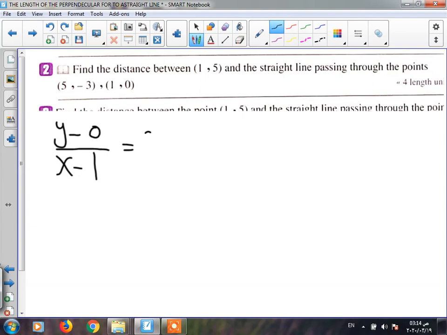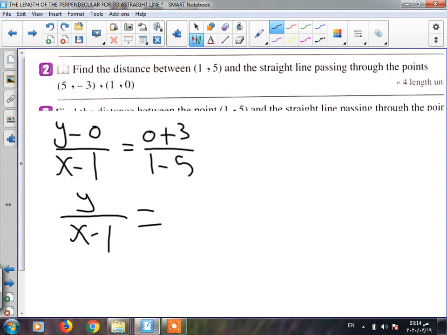Let me find the slope. It's 0 plus 3 over 1 minus 5. So y over x minus 1 will be 3 over negative 4.